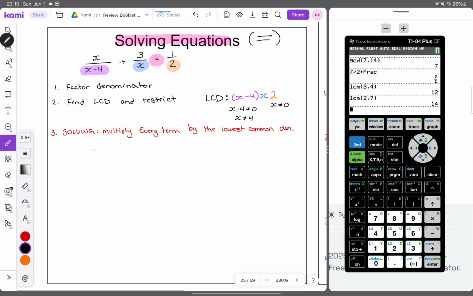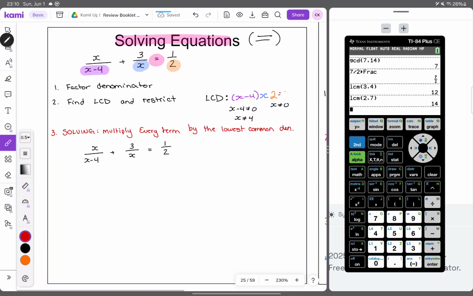So what that looks like is, we have our function x over x minus 4 plus 3 over x equals 1/2. I'm going to take each of these terms and times it by our lowest common denominator.